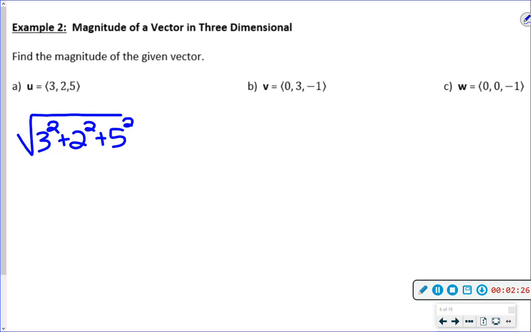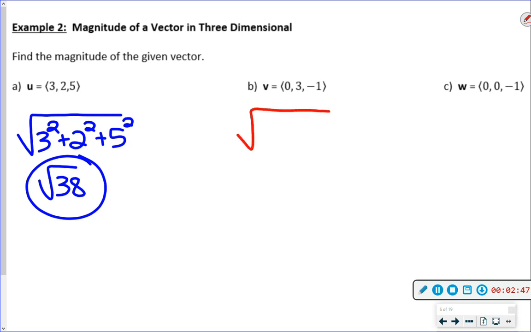What's 9 plus 4 plus 25? 38. Now, and it will tell you in the directions on your quiz tomorrow, leave your answers in simplified radical form. I did go ahead and circle that because the square root of 38 does not simplify, just for the record. So the 2-dimensional stuff carries over to the 3-dimensional.